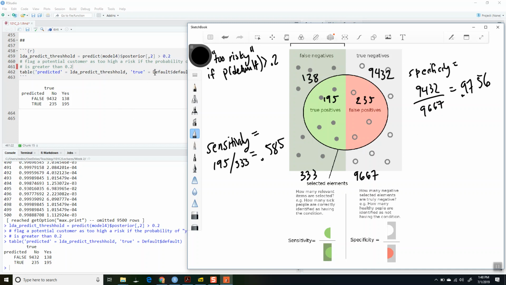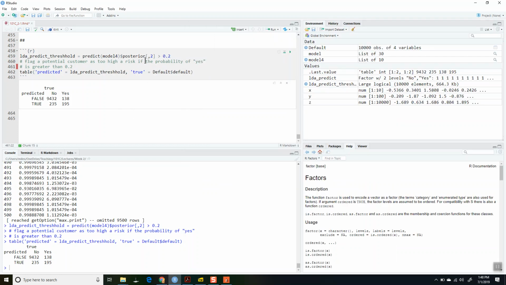This can be done by taking a look at which column is yes and no, and then drawing the threshold there.